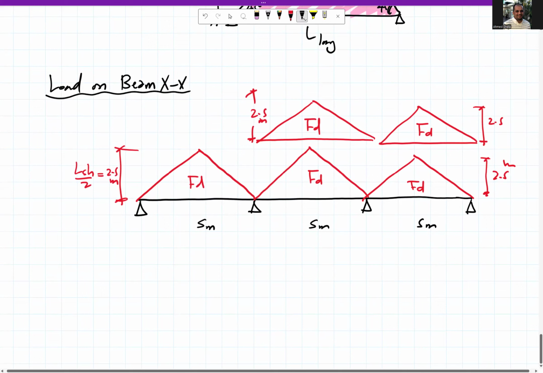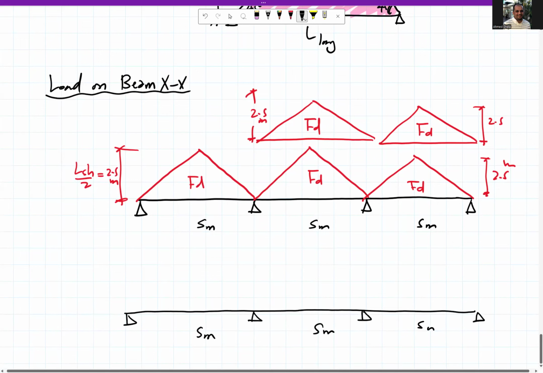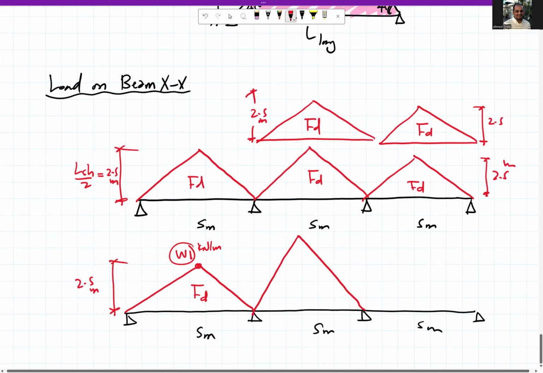Okay. Then if we want to clean the load, or make it clearer, we can convert the two triangles to one triangle. The maximum value here we will find as W1, 2.5 meter, and the load inside is FD, but this load is in kilonewton per meter. Then the other two will be a bigger triangle. The height of this triangle will be the summation of 2.5 plus 2.5 to become 5 meter.